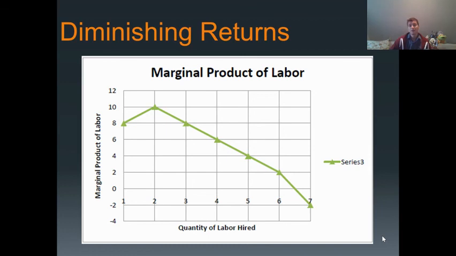However, once you add somebody else, you can specialize. So sometimes you can have increasing returns, but only at the lower levels of the input. As soon as you get beyond that, diminishing marginal return sets in, and that lets you know that your marginal product should be decreasing as you increase the output.